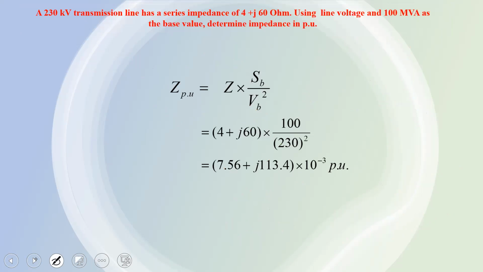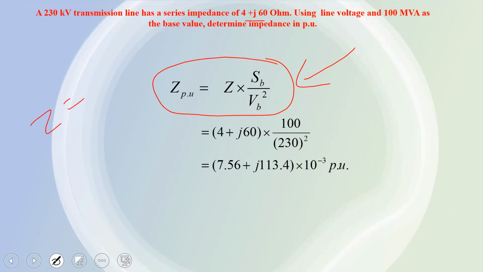Now let us consider the second numerical example based on this formula, which I have already discussed. This formula is very important. Here you can see the line impedance, series impedance is given. The actual value of impedance is given, which is Z equal to 4 plus j60. And base MVA is given, S_B, as 100 MVA.